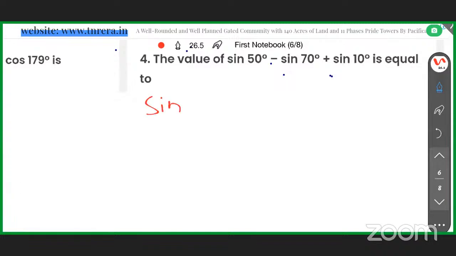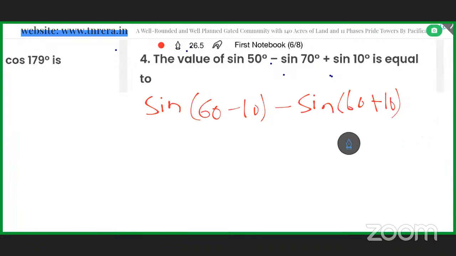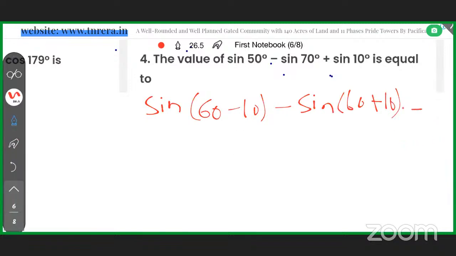We can convert into standard angles, that is sine 60 minus 10 minus sine 60 plus 10, then plus sine 10. Now this is like the previous question. Will you try it out, dear students? Please try to solve and tell me what answer you are getting.